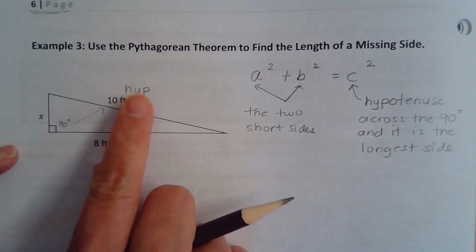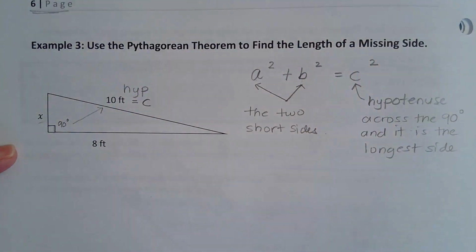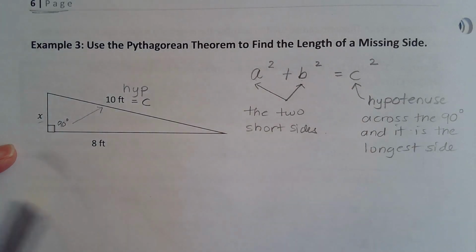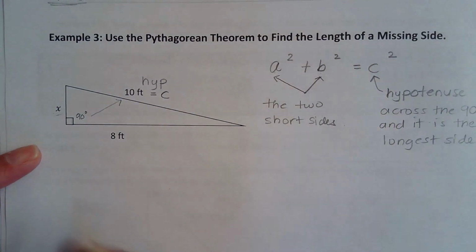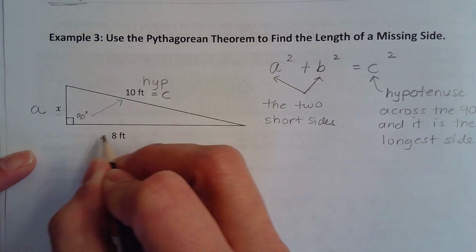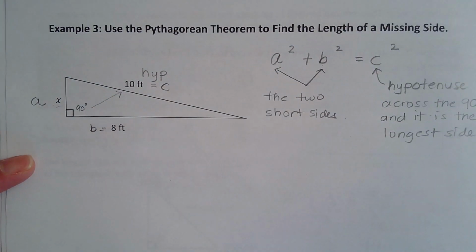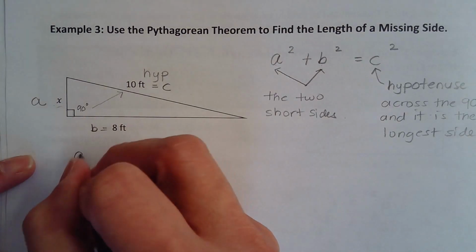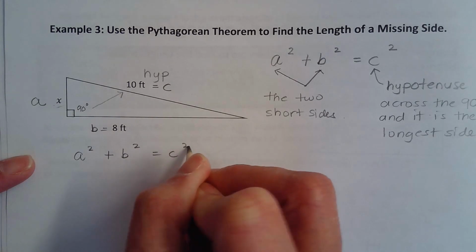If that's the hypotenuse, that's the c value. The x and the 8, those are the two short sides. So we're going to call this our a value, and this is the b. Okay, so a squared plus b squared equals c squared.